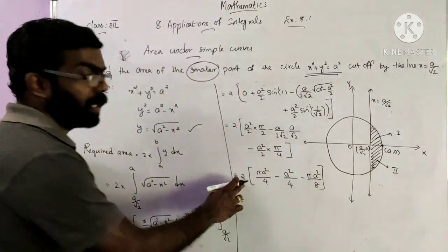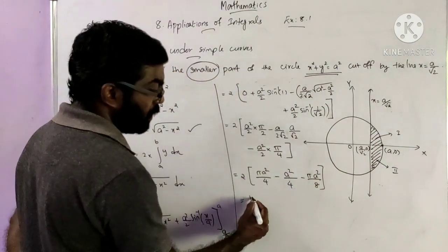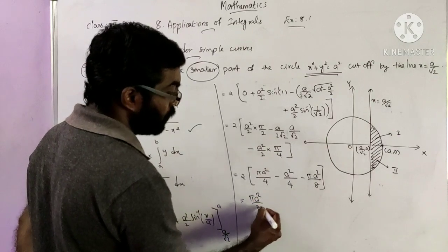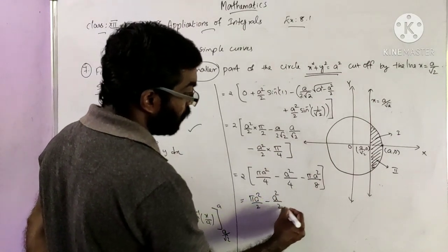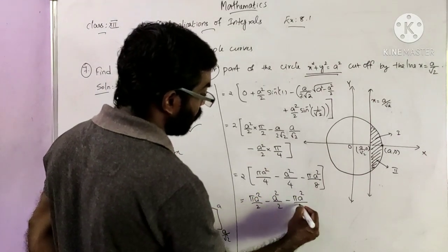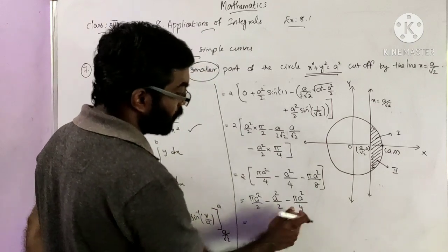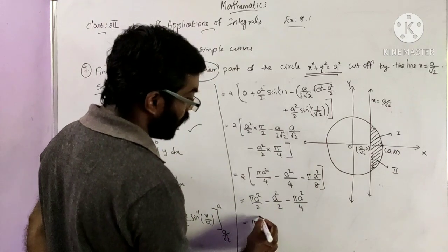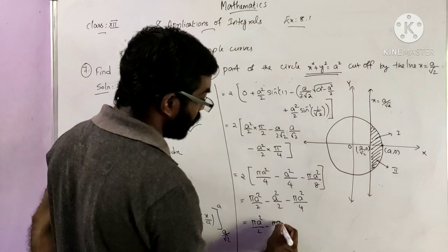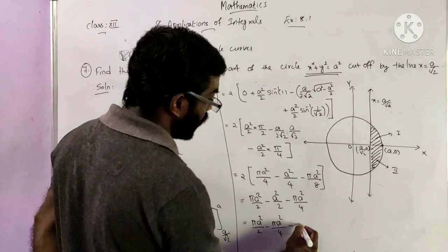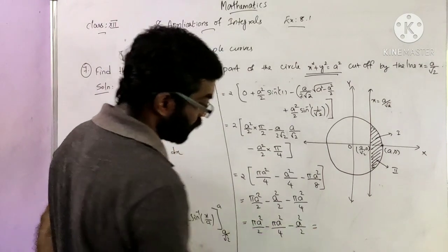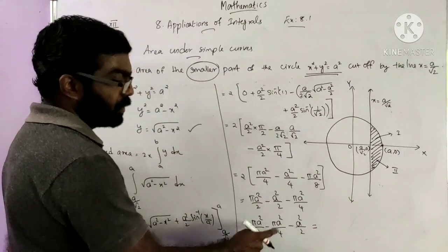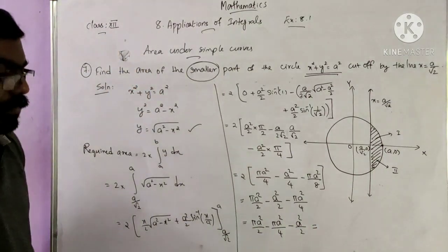First of all, we can multiply by this 2 and remove the bracket. So πa²/2 − a²/2 − πa²/4. First and the last term we can group: πa²/2 − πa²/4 − a²/2. Here we can cross multiply or take the LCM.